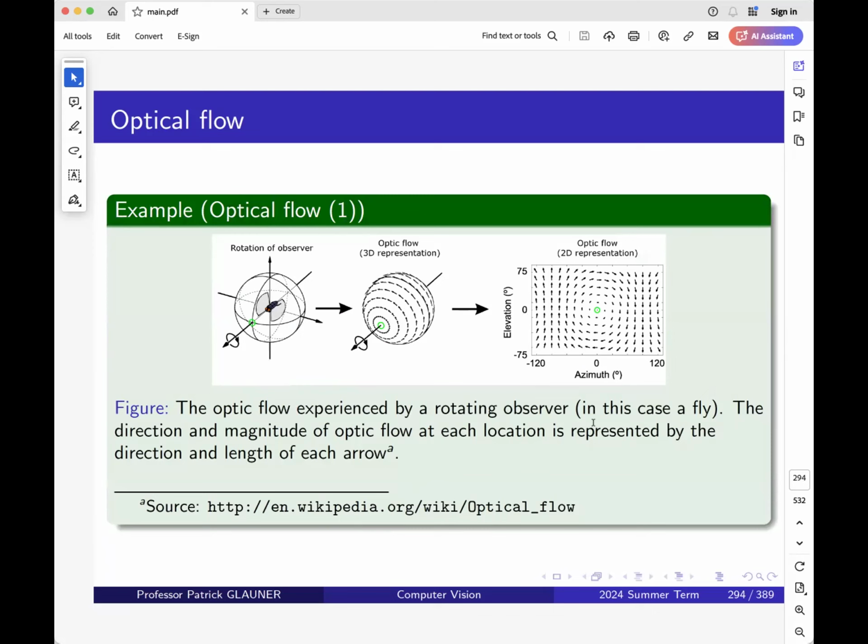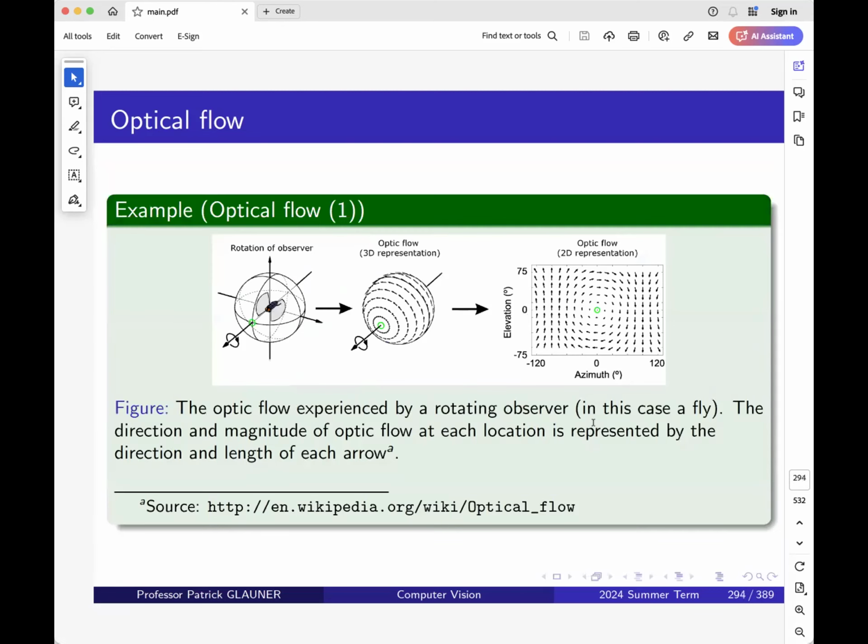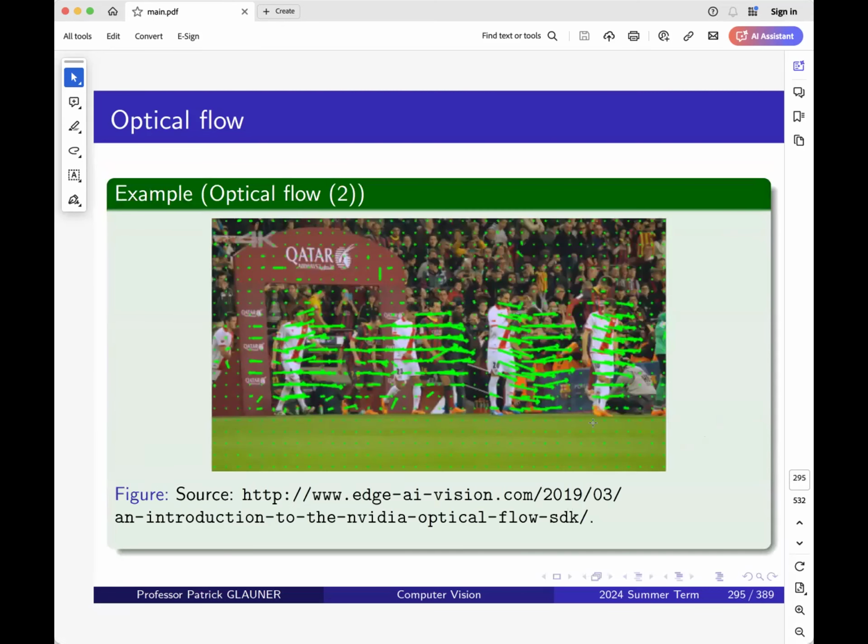Like this, you can also create apparent motion, so you can imagine this as a rotating sphere. But probably after we do the optical flow, we can go back to that example, and we will also look at a quick visualization of the optical flow.